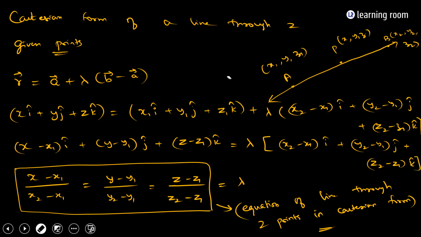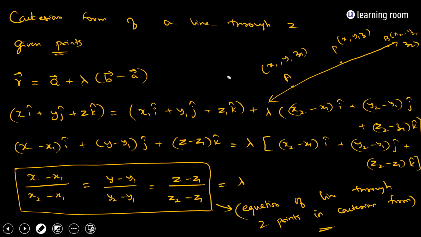So if you observe, is this equation not similar to the previous one that we saw? X minus x1 by a, instead of a, you know two points, that is why you wrote x2 minus x1. Similarly, y minus y1, you know the other two points, that is why you wrote it as y2 minus y1. So z minus z1 by, you replace the c with z2 minus z1. Am I clear with that?